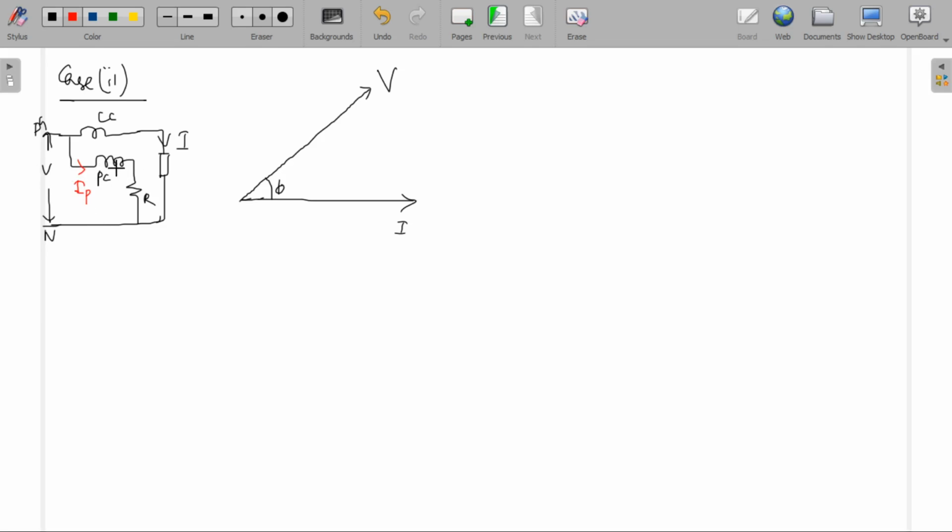V is the voltage across this pressure coil, then current lags voltage by some angle. Let me consider this inductance value is somewhat less only. Then the angle between voltage and IP will be small. This is IP. Let beta be the angle between V and IP.